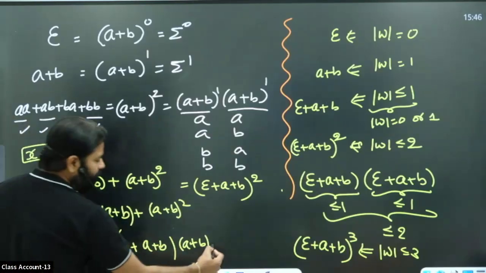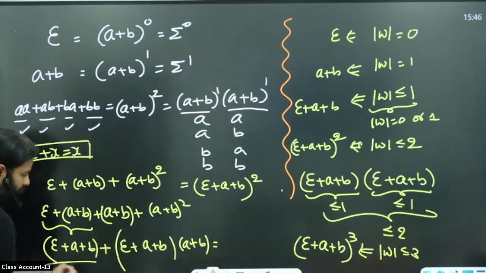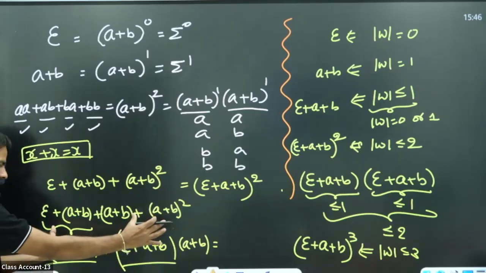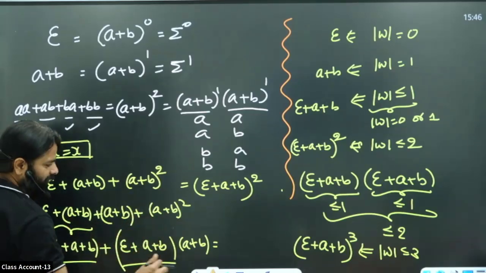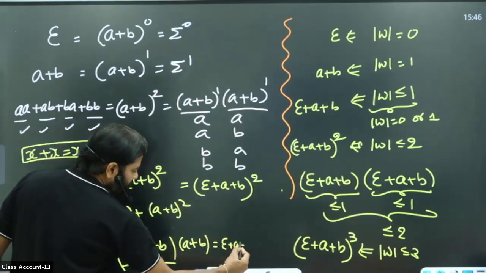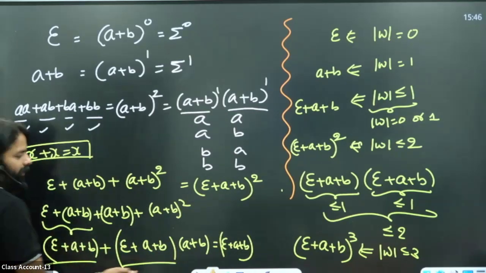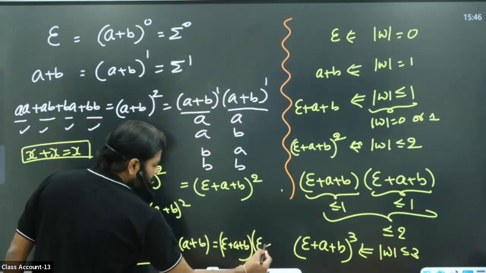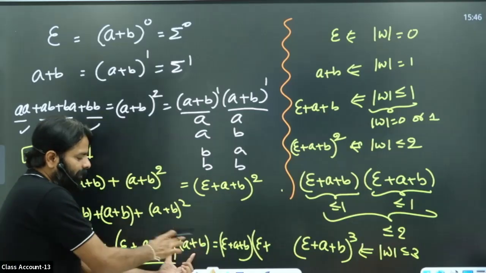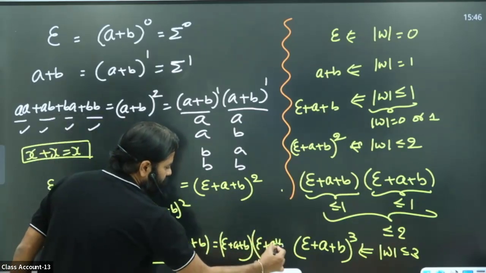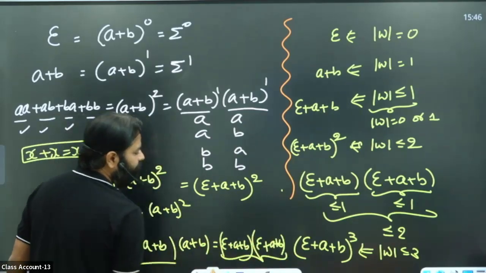So what will happen? If you take epsilon plus a plus b common from both the expressions, here epsilon is left because there is nothing to take, and here a plus b is left. You got it? Whole square.